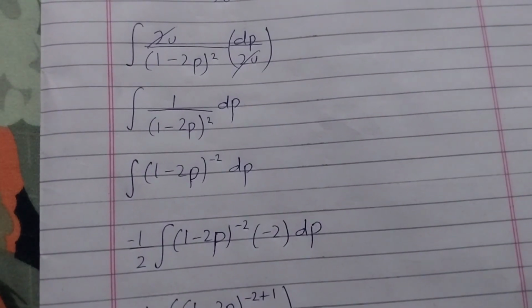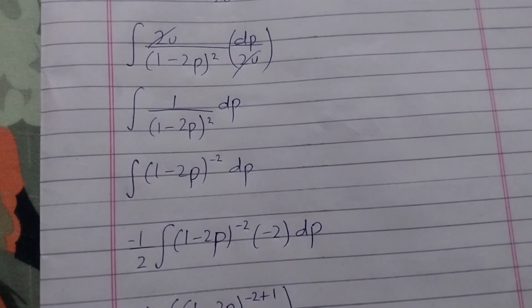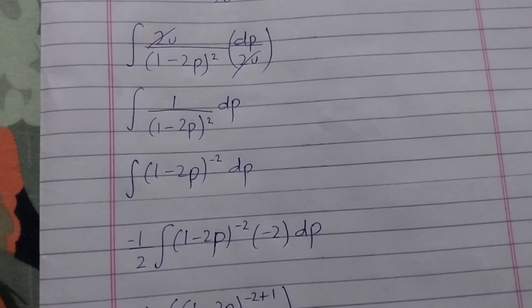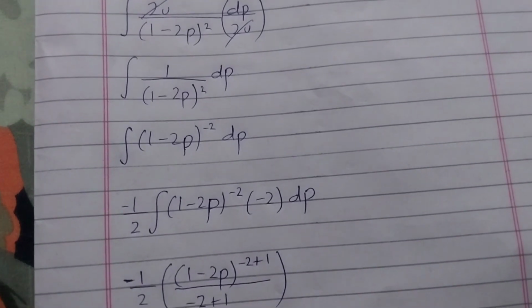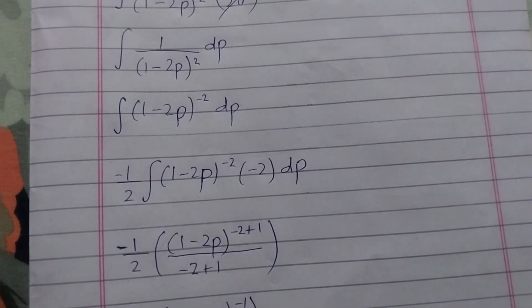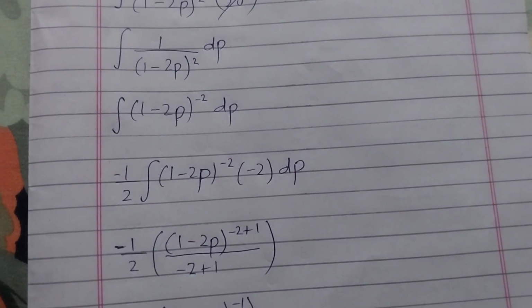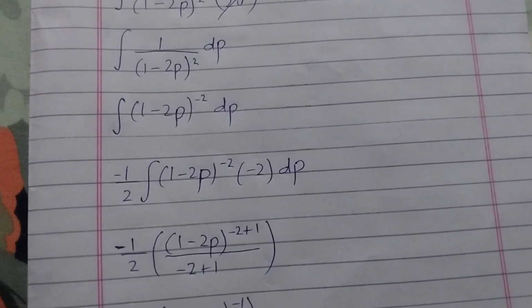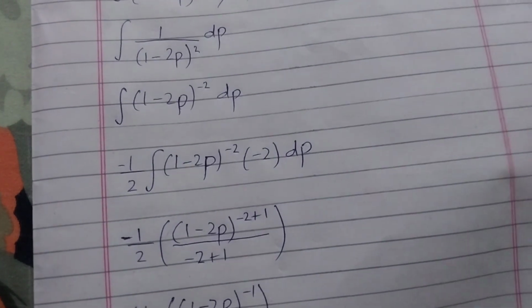So it will become minus 1 over 2 integration of 1 minus 2p whole raised to power minus 2 into minus 2. So we'll apply the power rule for integration. So we'll be left with minus 1 over 2, 1 minus 2p to the power minus 2 plus 1 over the same number minus 2 plus 1.